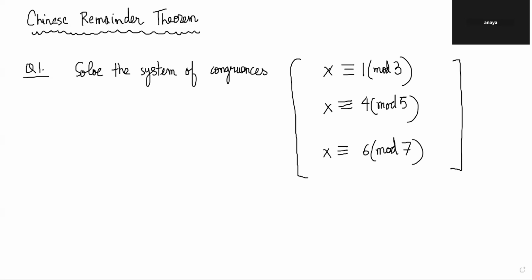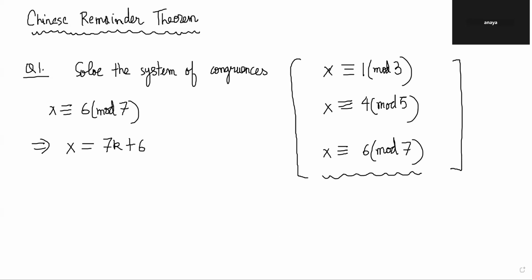In any congruence system like this, you can start off with the largest modulus. So here, this is the third one, which is the largest modulus, right? We can say X is congruent to 6 mod 7. Therefore, X will be equal to some 7k plus 6, right?